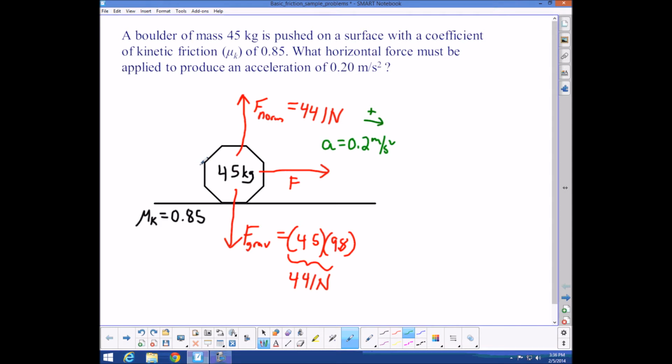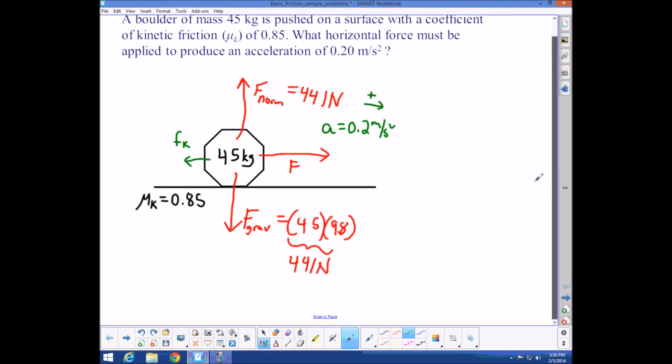But there's one force that I haven't included yet, and that's the force of friction. If this is sliding to the right, then the force of kinetic friction is acting to the left on the boulder. The first thing we need to do is calculate that force of kinetic friction. The force of kinetic friction equals the coefficient of kinetic friction times the normal force.